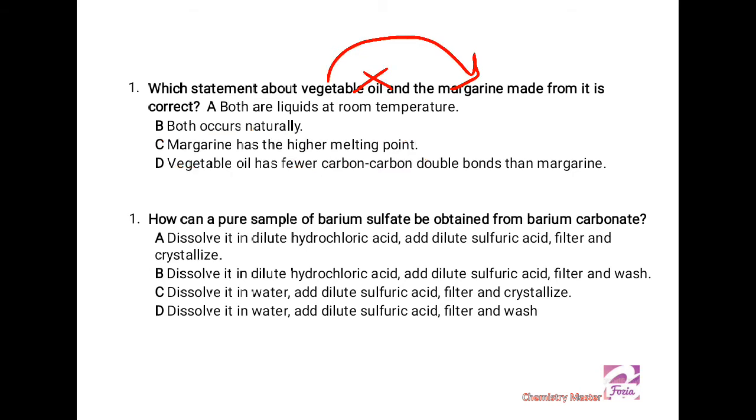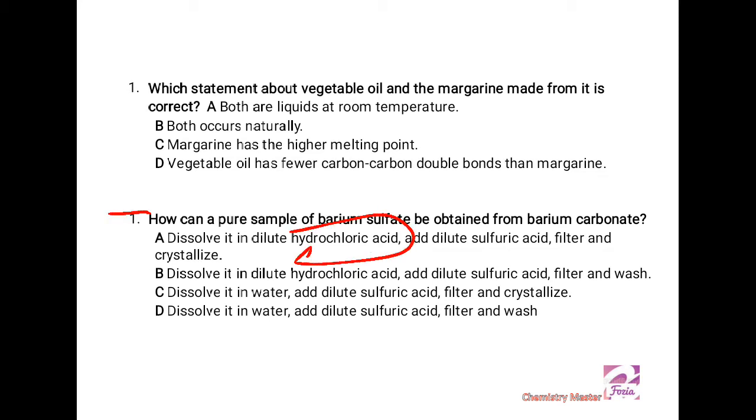So they melt at a relatively higher melting point. The next is, how can a pure sample of barium sulfate be obtained from barium carbonate? Now you see how we can prepare it. Dissolve it in dilute hydrochloric acid.